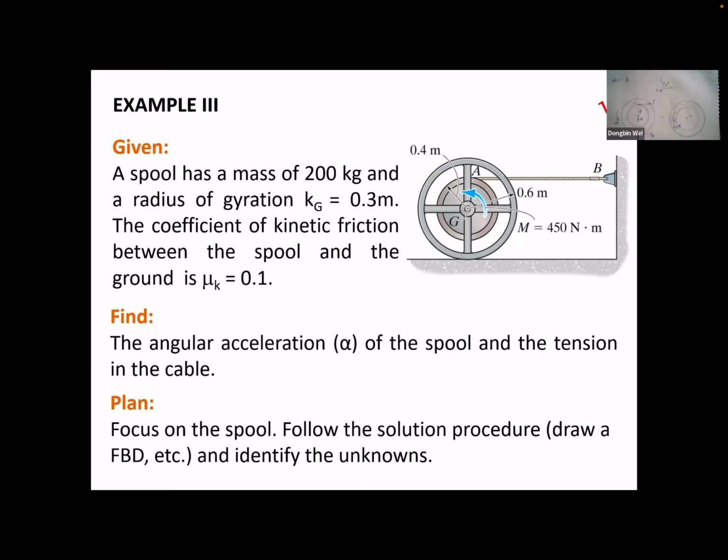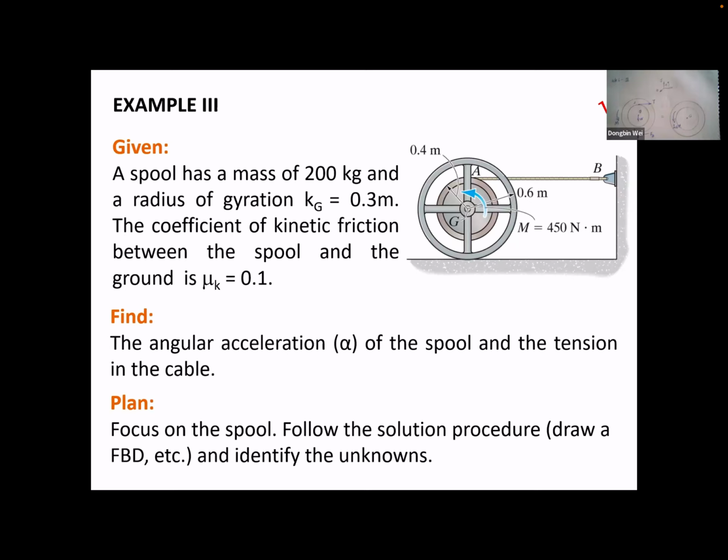Okay, so this point cannot be the IC point. Why? When we define this point as the IC point in a rolling motion, in that case, it must be rolling without slipping. But slipping occurs at this point, so definitely this point should not be the IC point.